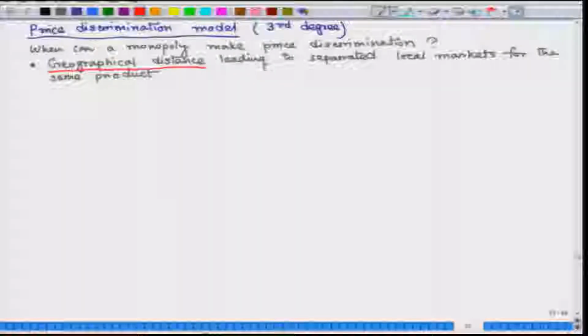This geographical distance actually prevents the buyers in one market from making their purchase in another market. So, price discrimination basically means that the monopolist can sell the same product in one market at a higher price and in another market at a lower price, but the person who is purchasing from the market where the price is low cannot resell the product in the market where the market price is high, and that could be due to the geographical distance.